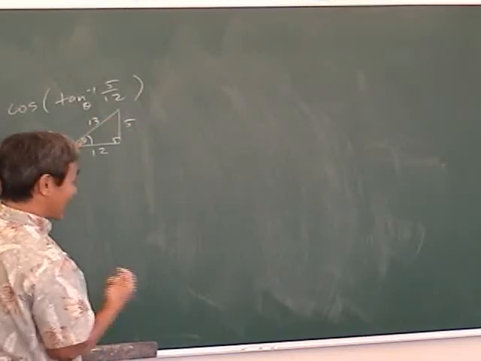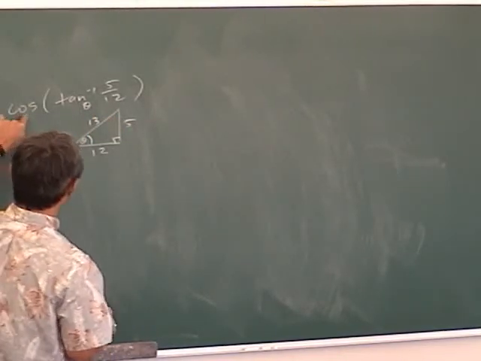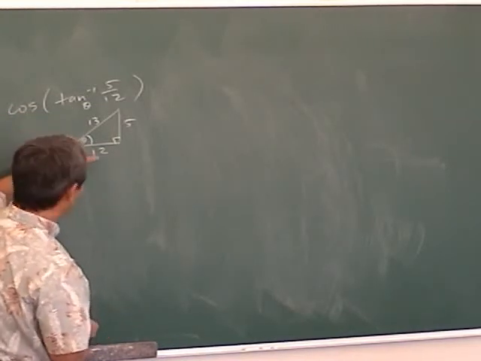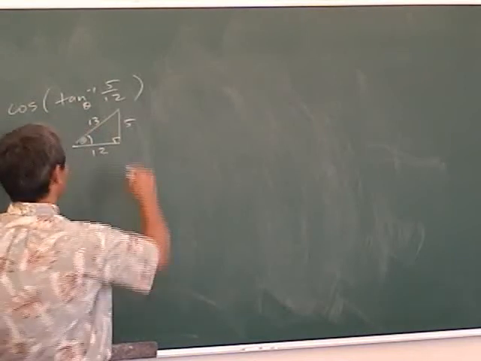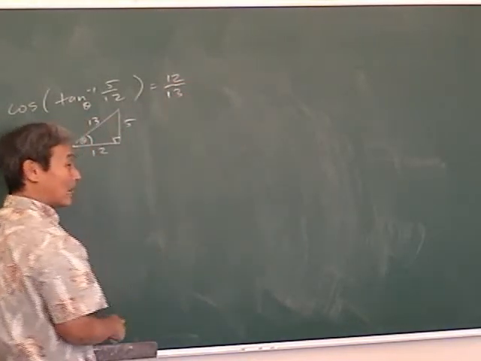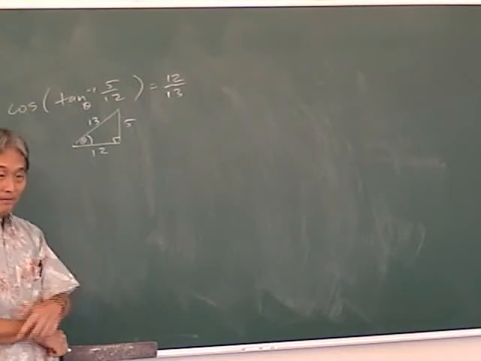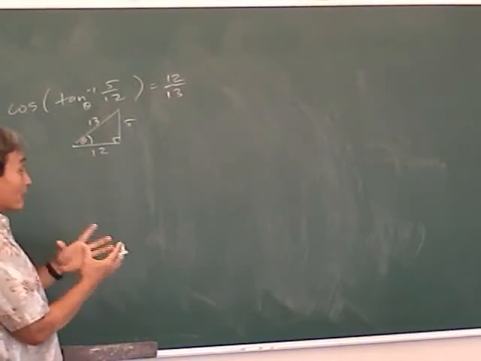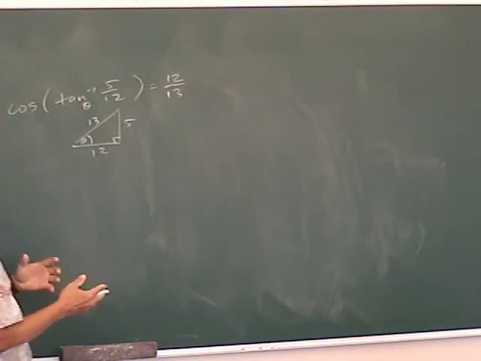Even though I don't know exactly what this angle is, can I compute the cosine of it? What is the cosine of this angle I just drew? Adjacent over hypotenuse, 12/13. SOHCAHTOA. Is this coming back like a bad dream from last year? If it's not an angle that you know, you draw the triangle.